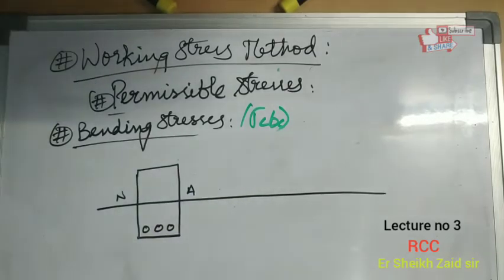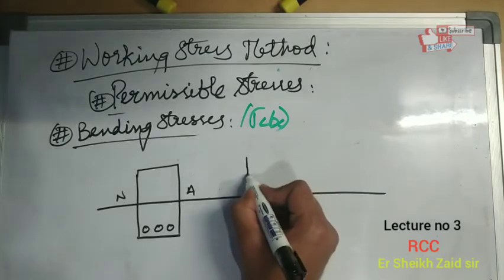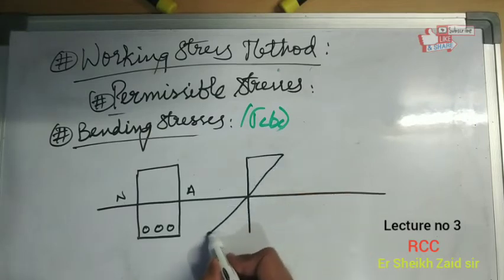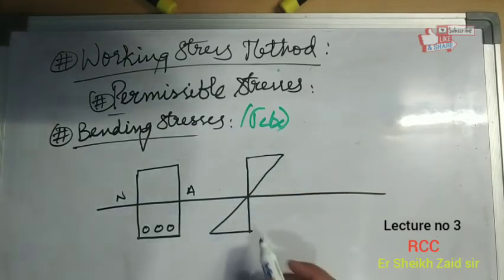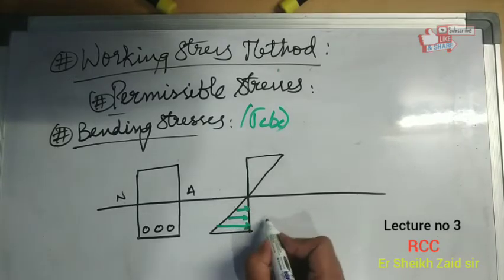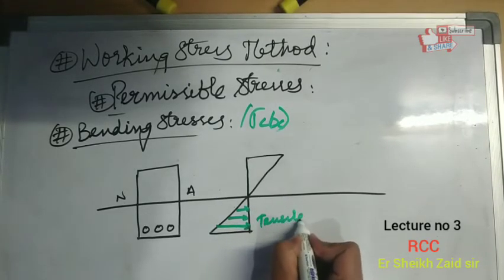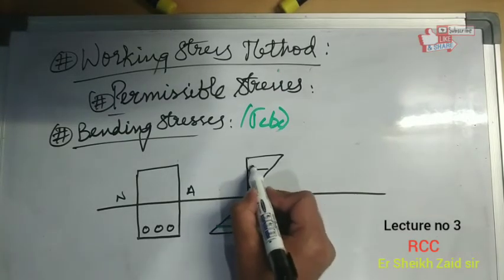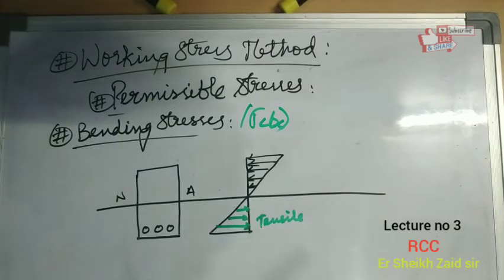If I make the bending stress diagram, it will be just like this, where these are tensile stresses and above the neutral axis are compressive stresses.